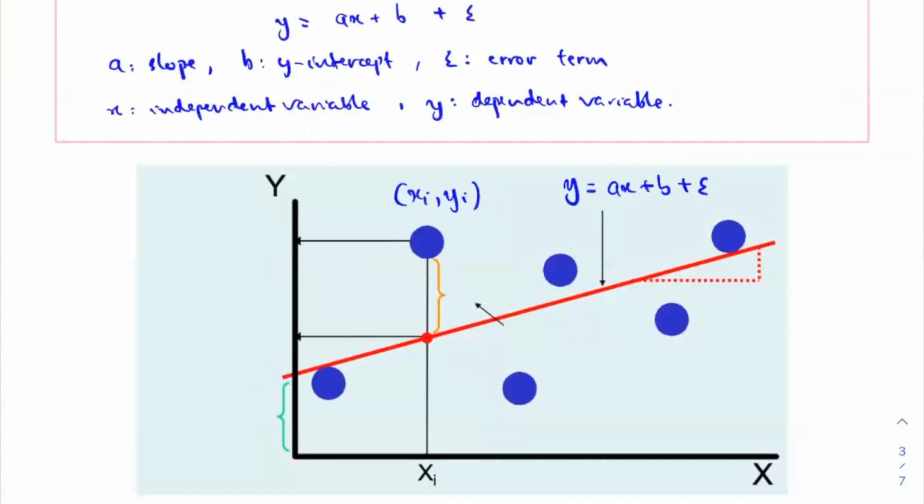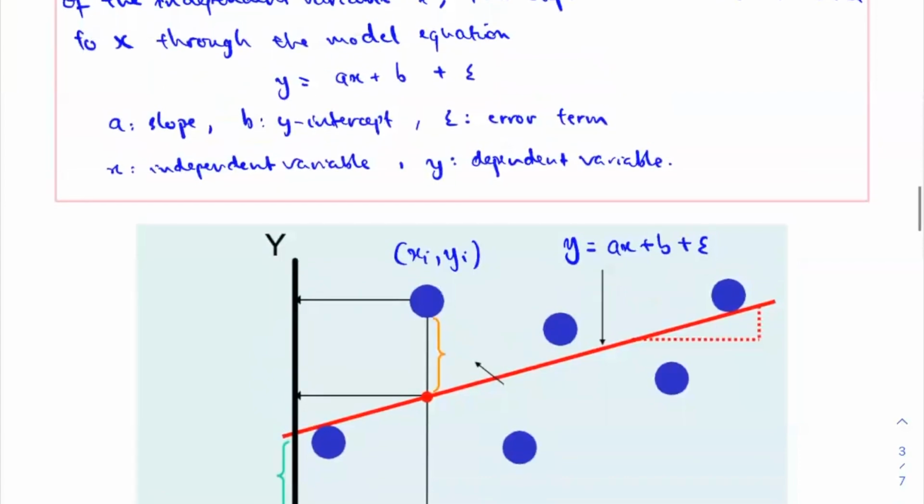For convenience in later derivations, I'm going to use different notation than I have used over here. Instead of just y, I'm going to use y hat. It will be useful for me later on when I do derivations. So y hat is the line that you want to fit to this data set. Here is the point from the data set that you got, and this is the point from the estimation, or the linear regression model. The difference here is called the error term, right? So that is the error.